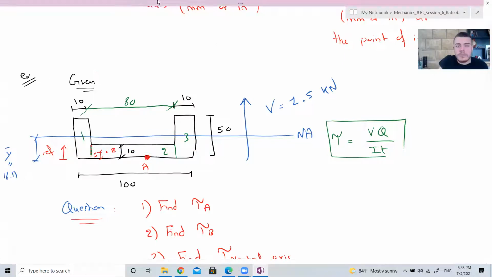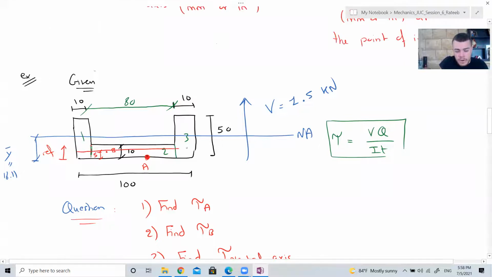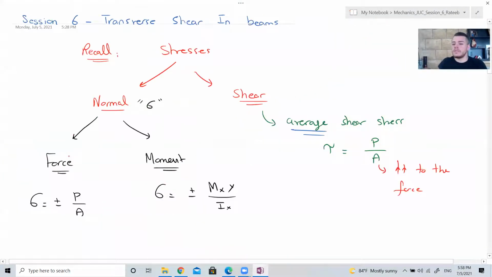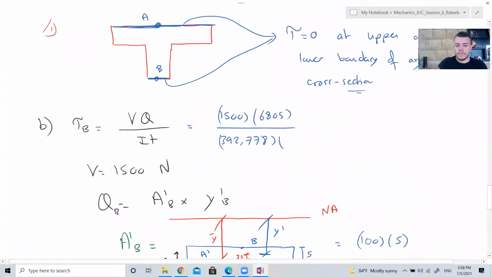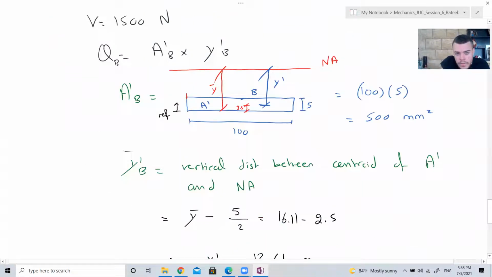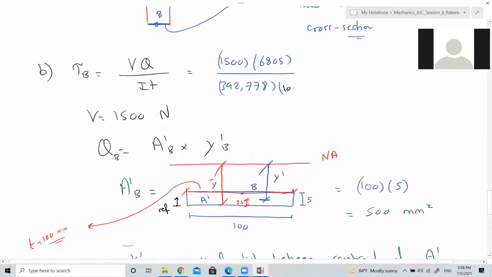From here to here you have solid. This is the horizontal distance. This is t, which is equal to 100. So t in here is equal to 100.